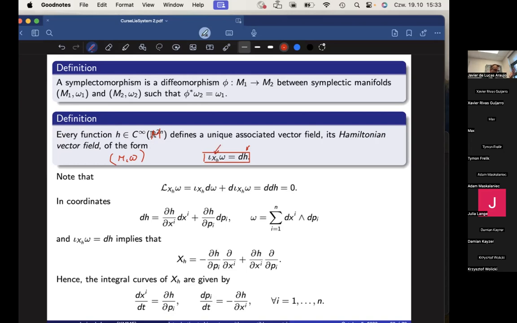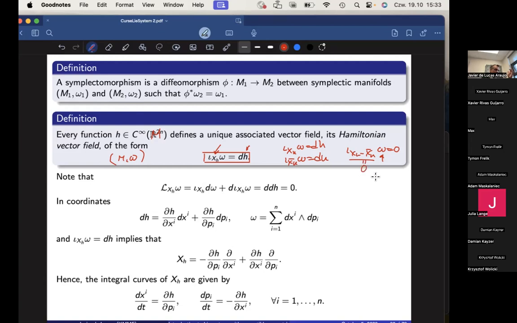It is unique because, you see, if you had two of them satisfying the same relation, by subtracting them you would have this, but we said that omega is non-degenerate. That means if the contraction of the difference of these two vector fields is equal to 0, this means that the difference is equal to 0 and both Hamiltonian vector fields are the same.